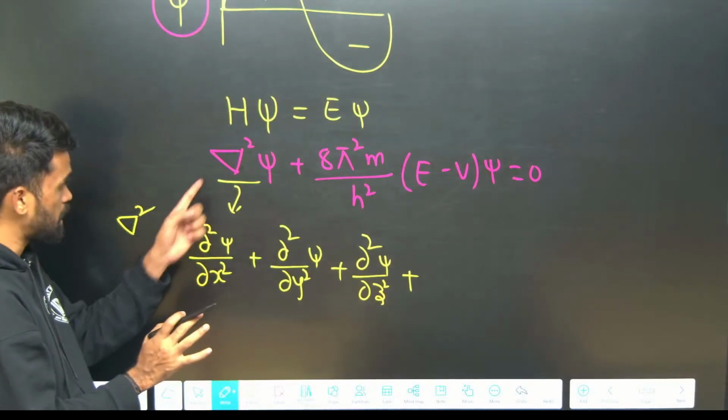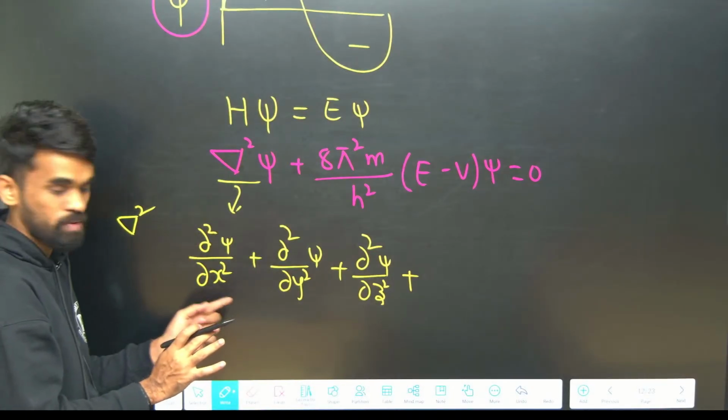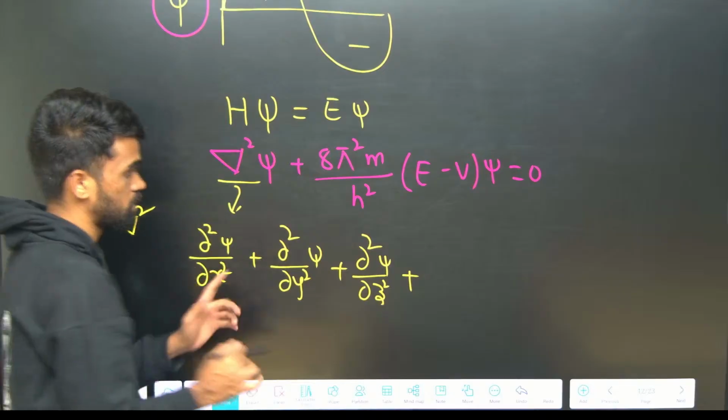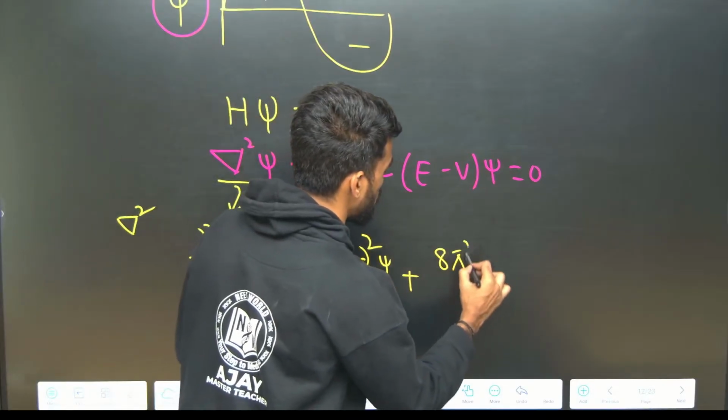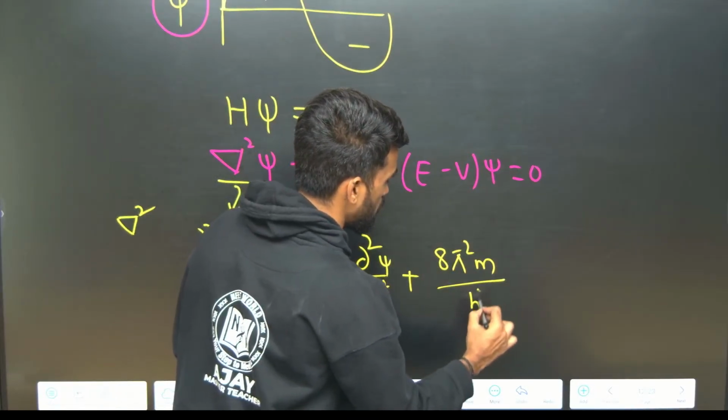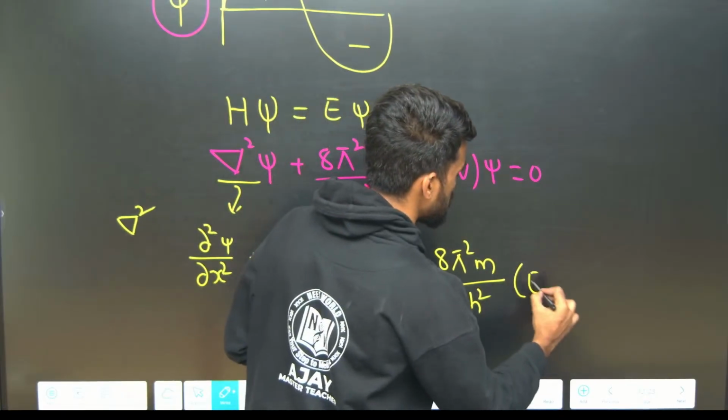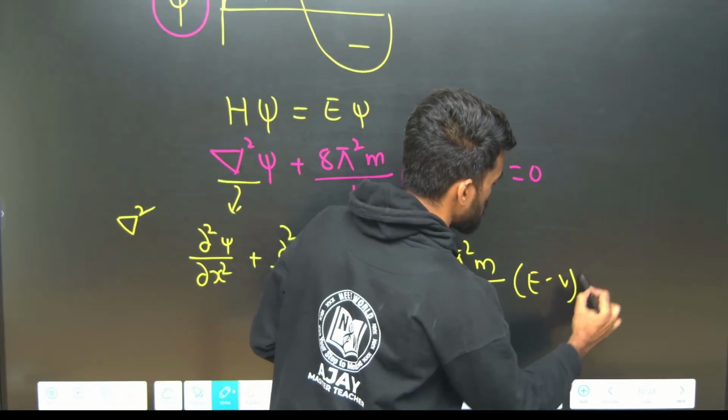Like this, del refers to the x, y, z coordinates. And the next term is 8 pi square m by h square, E minus V, psi equals 0.